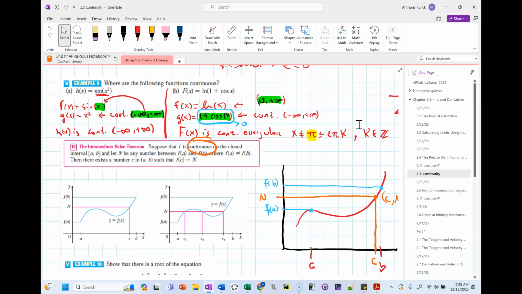You could draw graphs too, as a counterexample, or even as an explanation of why this has to be true. Like, here's a point A, f of A, and here's a point B, f of B, and I drew it continuous and differentiable.